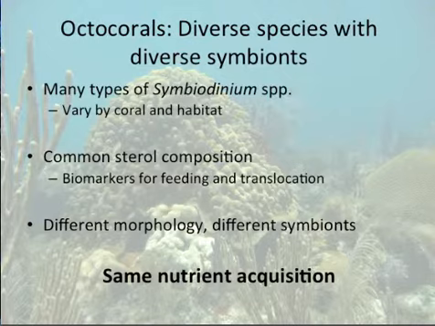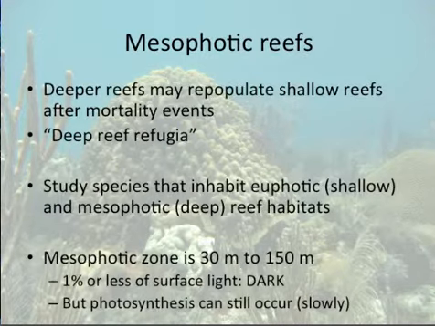So the next piece of research that I'm going to present involves research on mesophotic reefs. Mesophotic reefs are deeper reefs, and these reefs may be able to repopulate shallow reefs after mortality events.